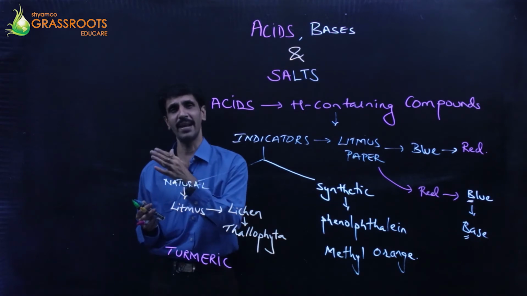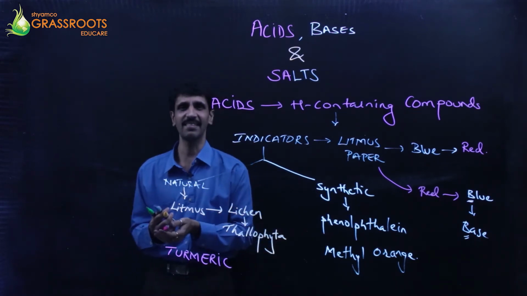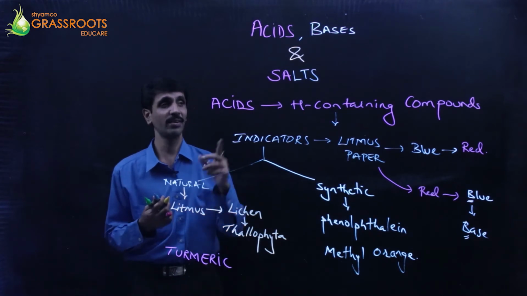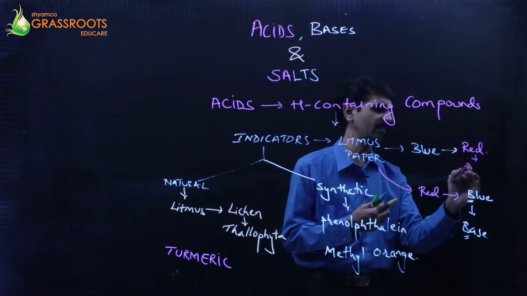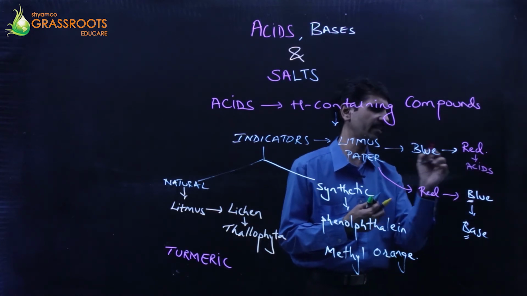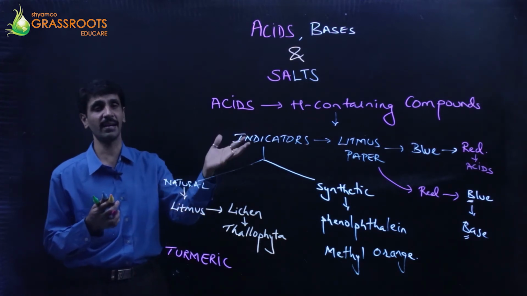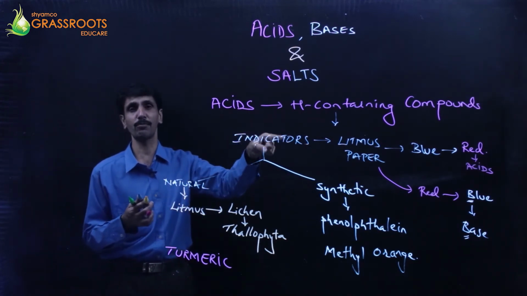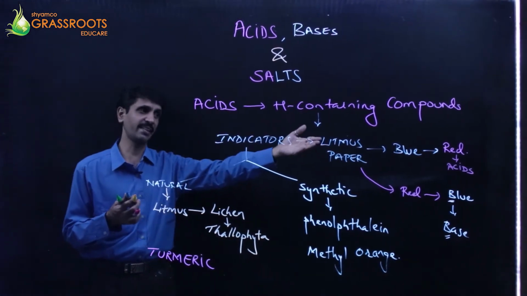When you compare an acid and a base, which is more dangerous? Oh yes, acids are more dangerous. So that's how you can remember it: red signifies acids. This is the best way of remembering the color change with respect to litmus paper. When blue turns into red, it's acidic.